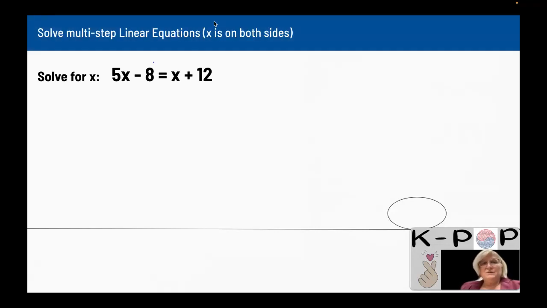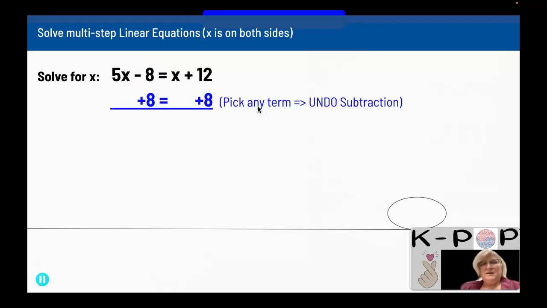So I'm going to choose the term negative 8. I'm going to move that negative 8 to the other side, and I do it by its inverse. I add 8 to both sides. So I'm going to add 8 to both sides of the equation, and I get 5x equals x plus 20.